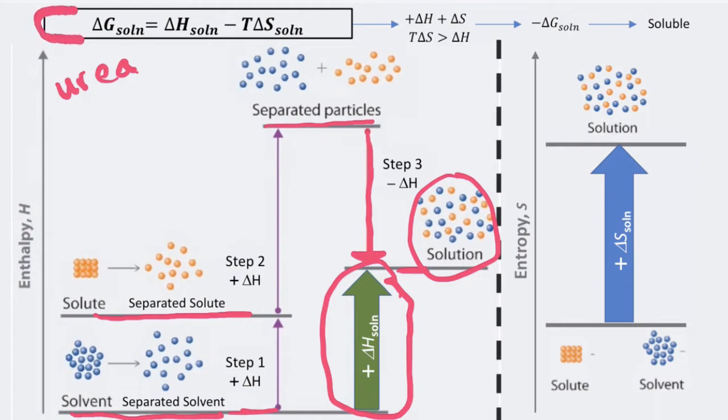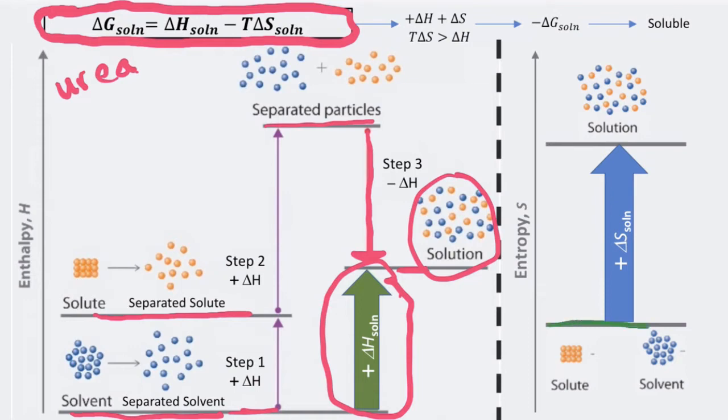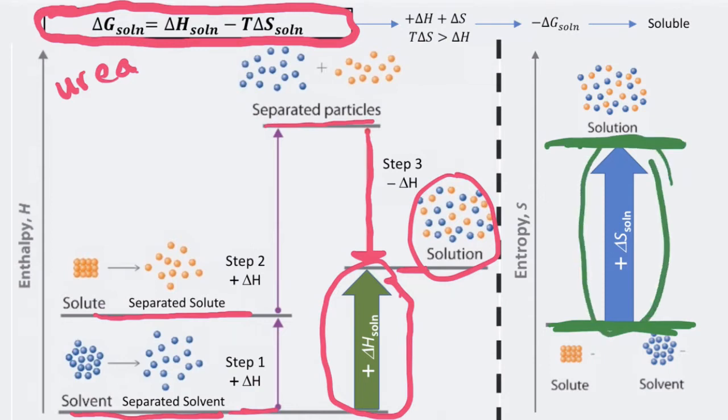So your Gibbs free energy of solution is the delta H of solution minus the T delta S of solution. So we also have to talk about entropy of solution, and this is that entropy of mixing that we were talking about. On the right side, you can see that solute and solvent have a lower level of entropy than when they're all mixed up at the top, and that causes a positive delta S of solution.